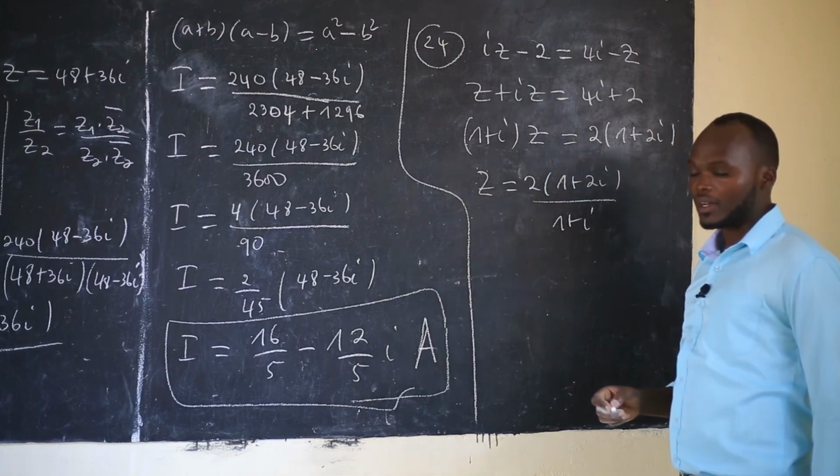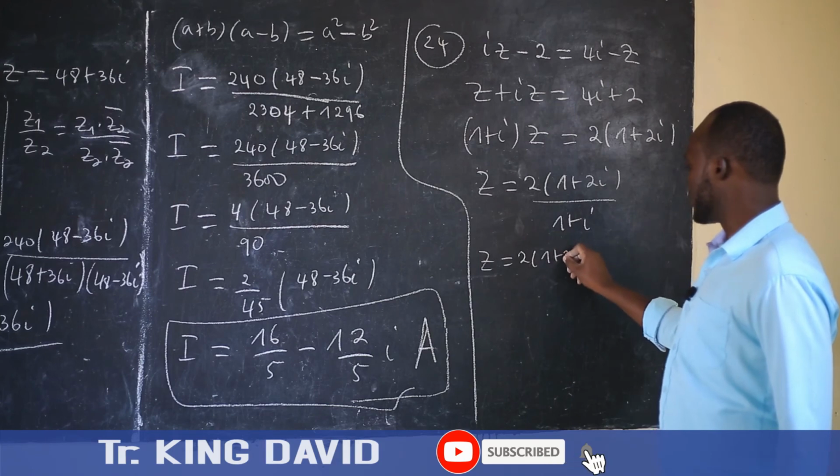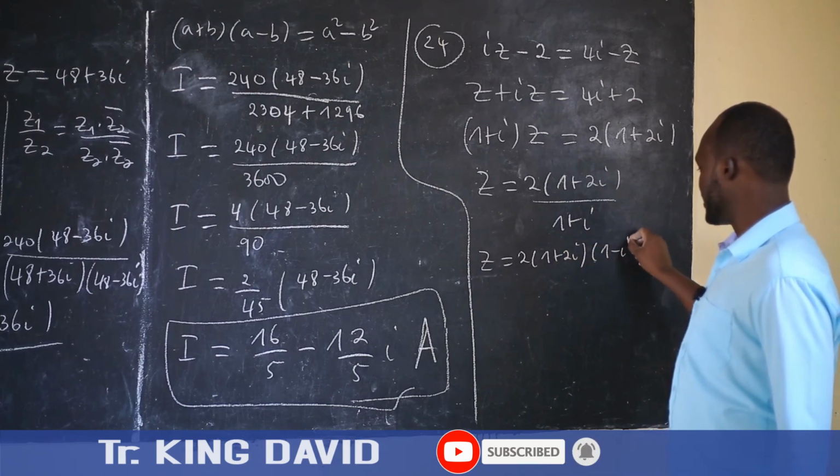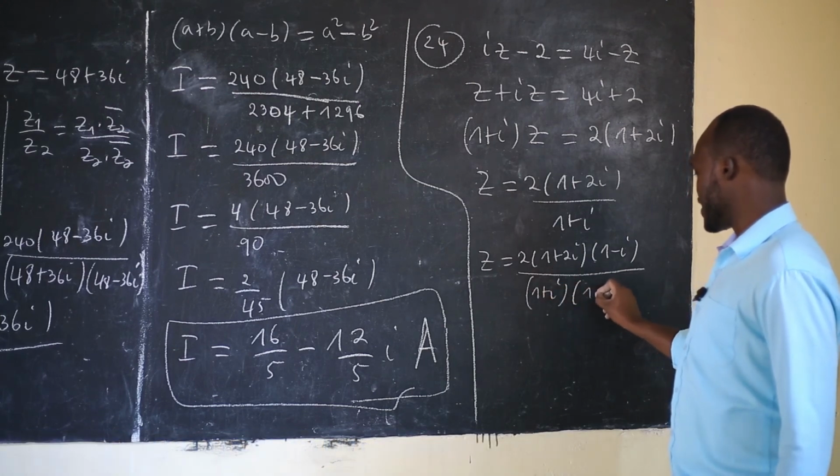We use the conjugate property. So z equals 2, 1 plus 2i times 1 minus i divided by 1 plus i into bracket 1 minus i.